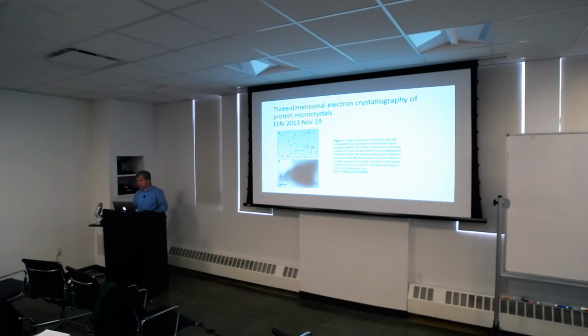Technically, if you look at Henderson's paper from 1996, he was going over how the E-beam is less harmful than the X-ray beam to these crystals. But with electron imaging, you're limited to so many fewer particles or unit cells.